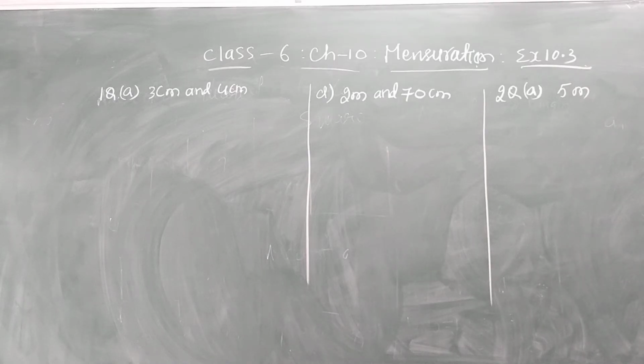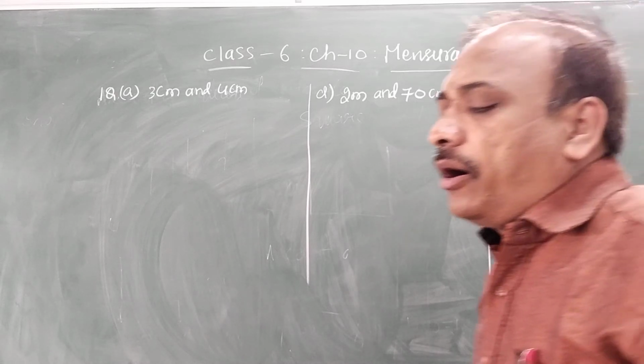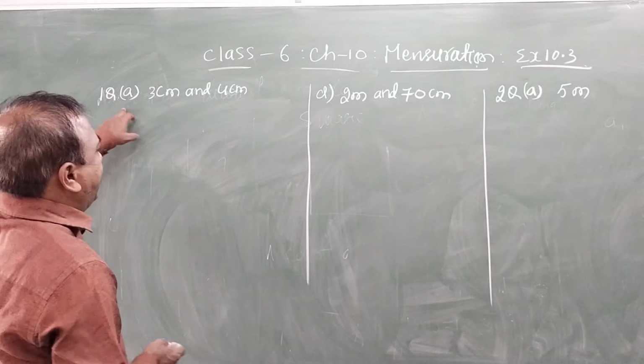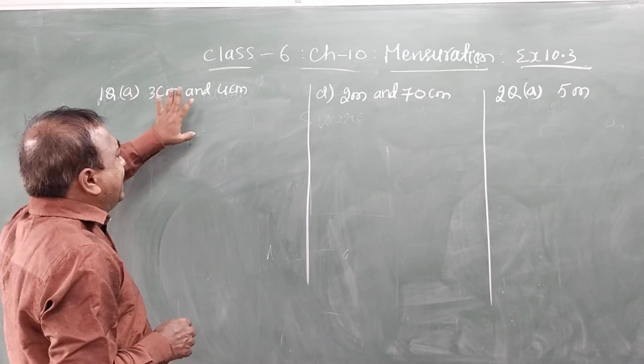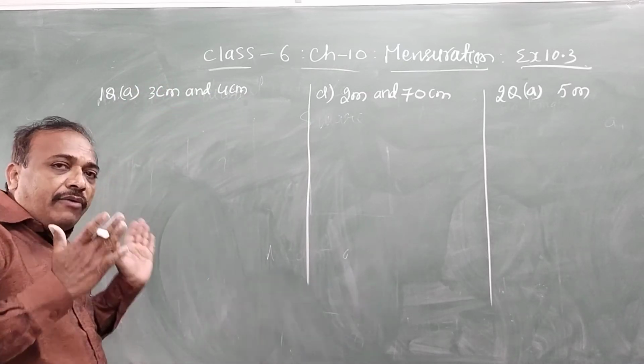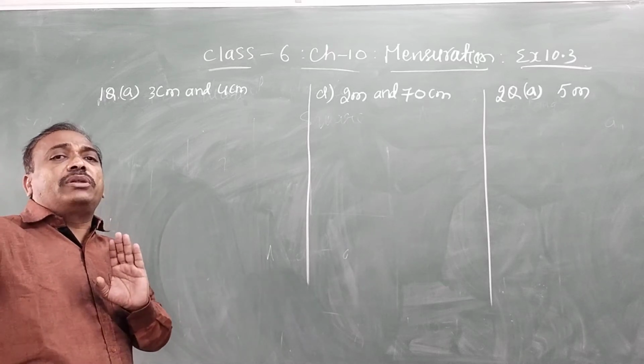Let us see exercise 10.3. Question number 1. Find area of rectangles. Whose sides are given? One is 3 cm and 4 cm. Length is always more, and breadth is the other one; we assume that the one which is more is length.